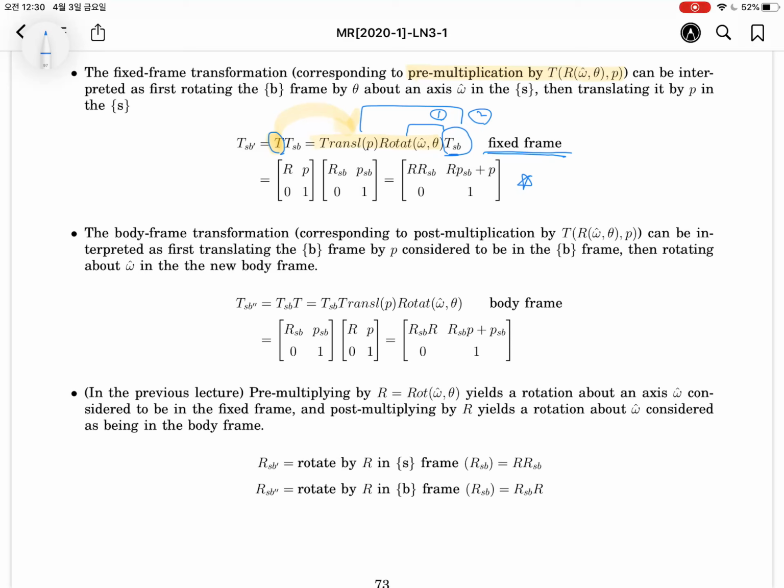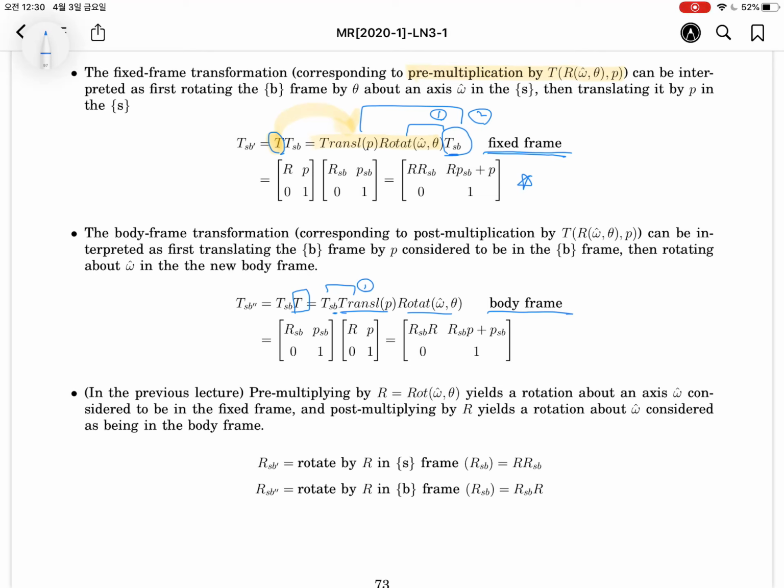On the other hand, if you multiply the transformation matrix on the lateral side like this, it acts like the translation and rotation in the SE3. So in this case, the B frame is used, and all the operation is achieved in the body frame. This is translation first in the B frame.